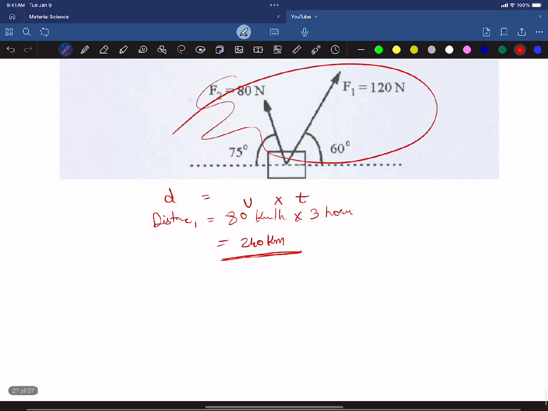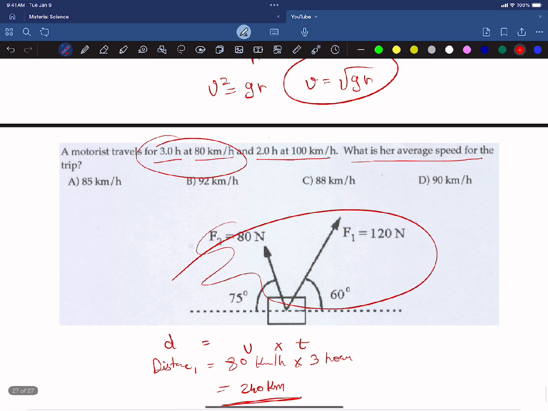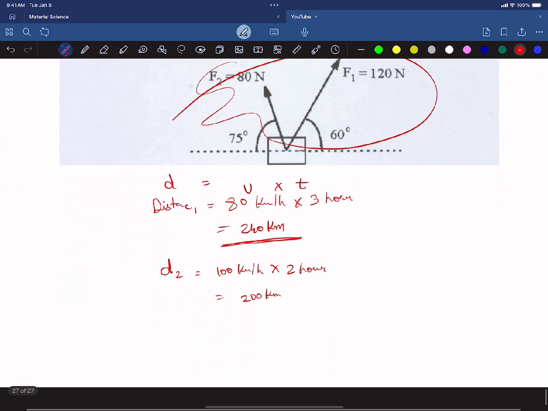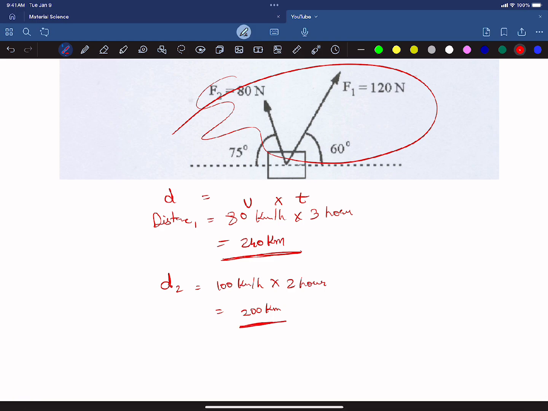For the second part, d2, 100 km per hour times 2 hours will give you 200 kilometers. Now for the total distance, you just need to add these two values, which is 440 kilometers. So this is the total distance traveled by the motorist.